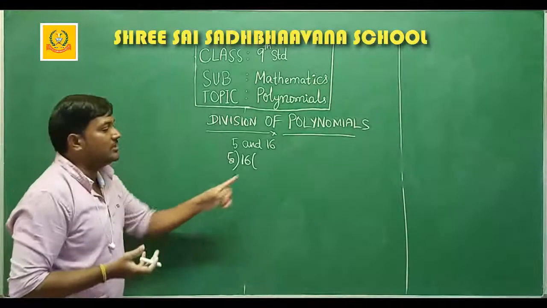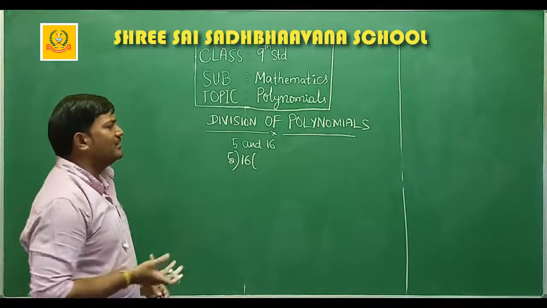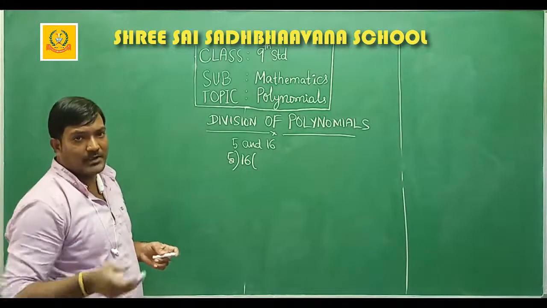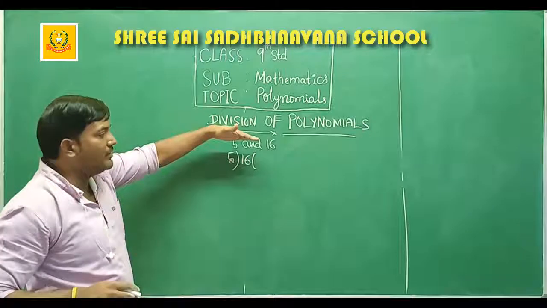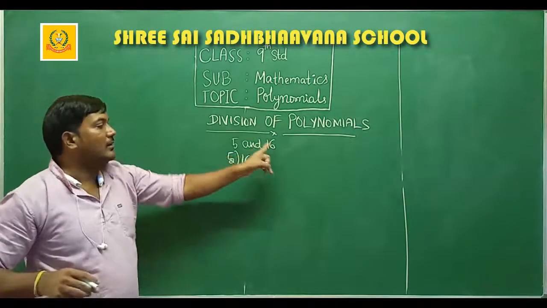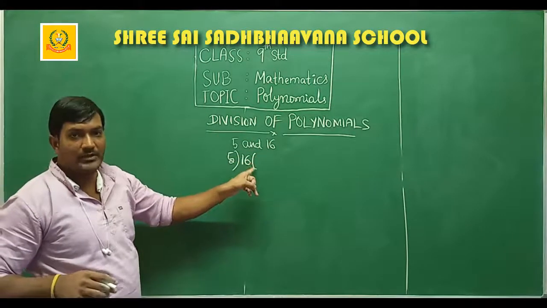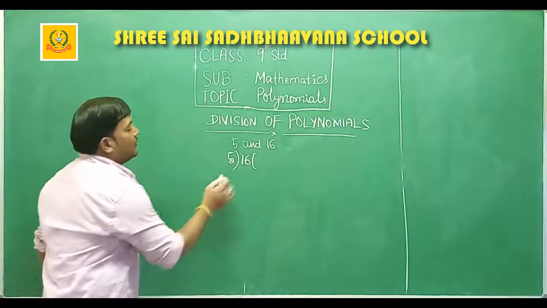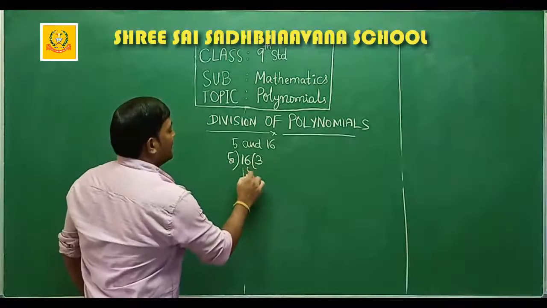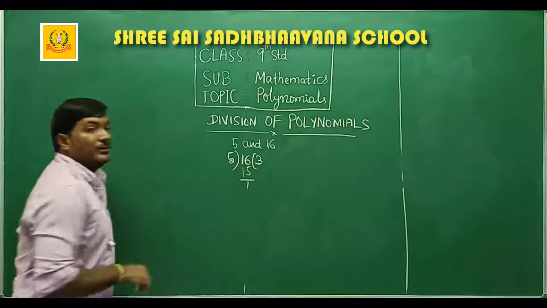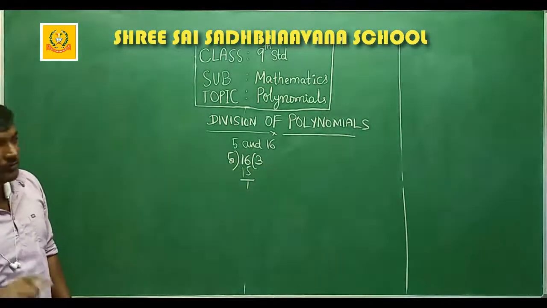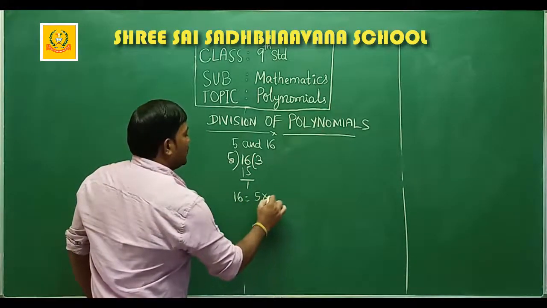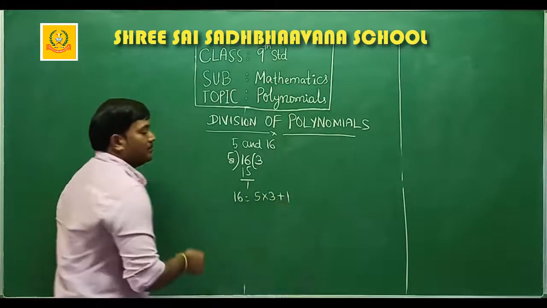We can divide 5 with 16 too, but it will become a decimal number. So usually whenever you divide, we take the larger number and divide it with the smaller number. If I divide 16 with 5, 5 3s are 15 and the remainder will be 1. So can I write this 16 as 5 into 3 plus 1?